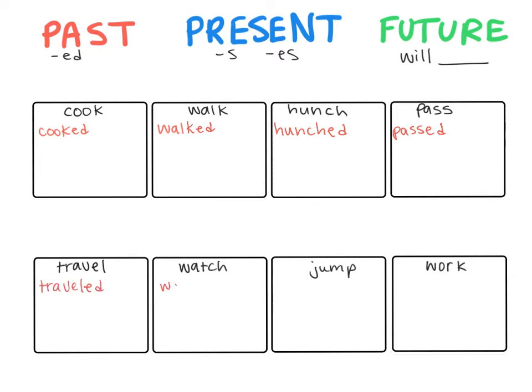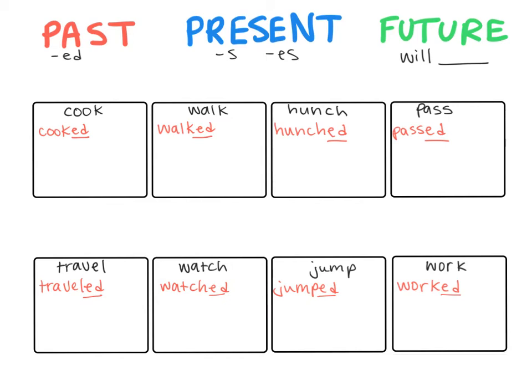I watched. I jumped. And I worked. Okay? All of those past tense verbs have ed on the end. And there are some irregular verbs where this doesn't work, and we're going to talk more about those next week. But for right now, that's what we do for past tense verbs.